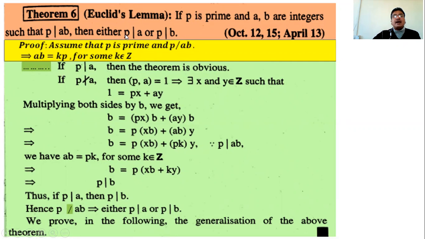And now we have to show either P divides A or P divides B. When the statement P divides A or P divides B is true, the two statements are joined by the logical connective OR, and we know the table of P or Q. When a compound statement is joined by OR, it is true if one of them is true, and also if both are true.